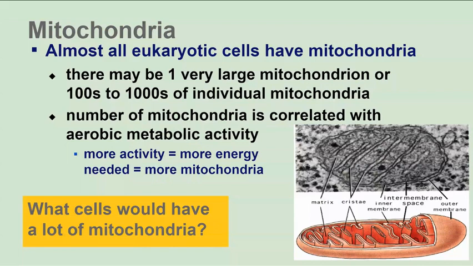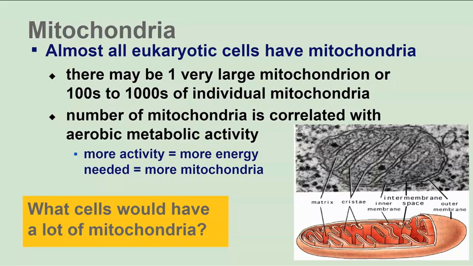And so a great example of a cell that would have more mitochondria would be your muscle cells. Your muscle cells have to do aerobic metabolic activity all the time. Even if you're just walking between classes, that's aerobic metabolic activity. And so your muscle cells are going to have more mitochondria than some other cells in your body.